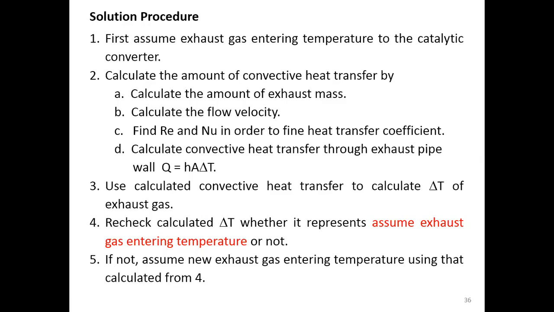So this problem is a trial and error problem, and it differs from the trial and error in combustion. If you remember that trial and error, we had an equation that covered our trial and error. But this is 100% trial and error because we have no equation that covers our trial and error process.